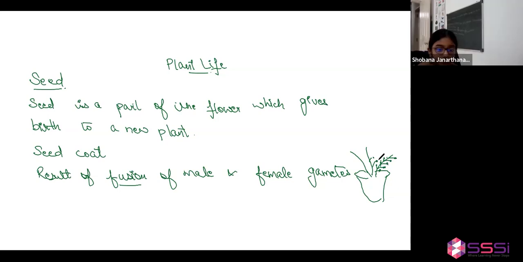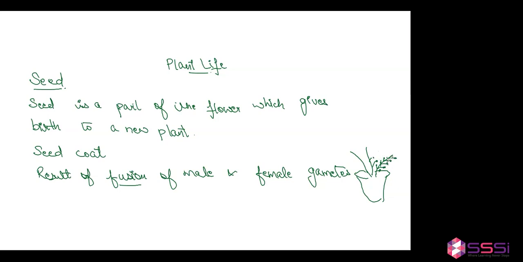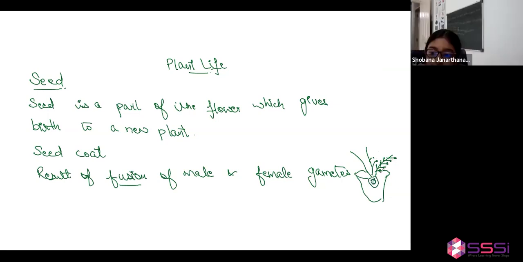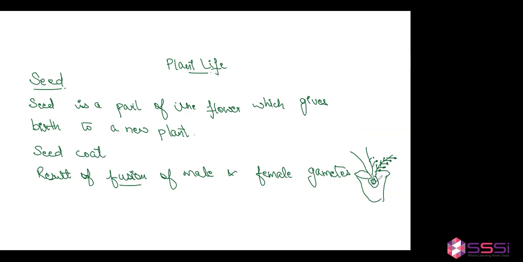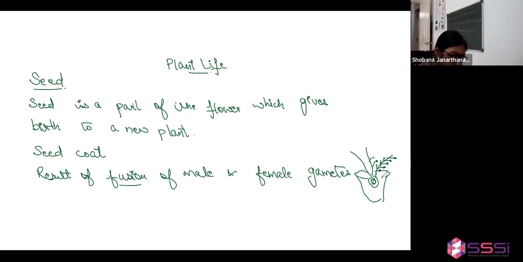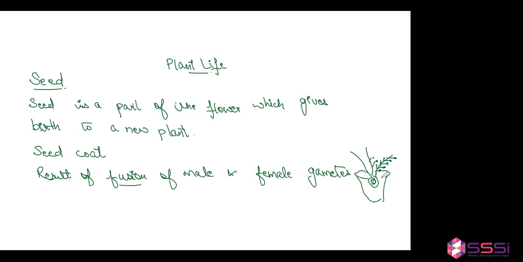Are you watching what I am drawing? These are known as pollen grains, and the male and female reproductive organs are inside the flower, inside the hibiscus flower. So they form a new plant.